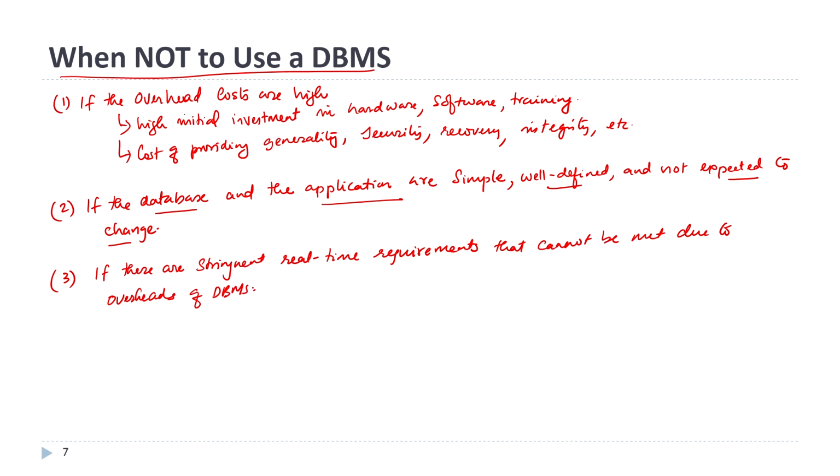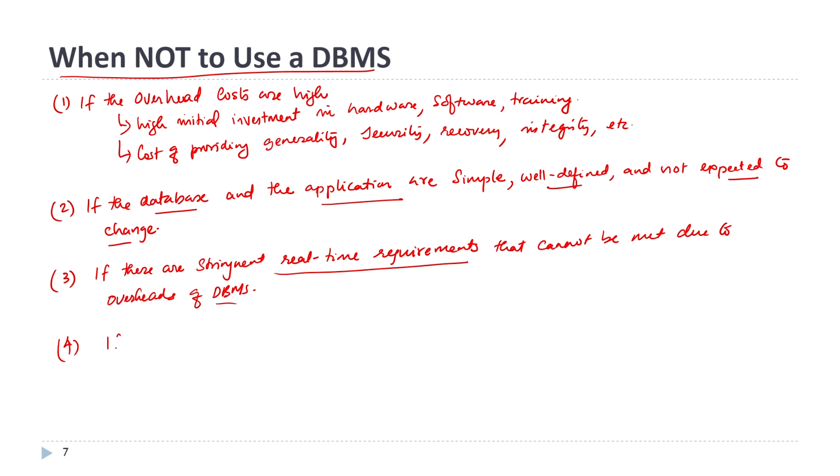Okay. So, DBMS, because it is a program, it will take its own time to run and memory, etc. And the real time requirements of the application are so important that you may not want to use the DBMS, like an autopilot in an aircraft. Okay. That is a good example of this.